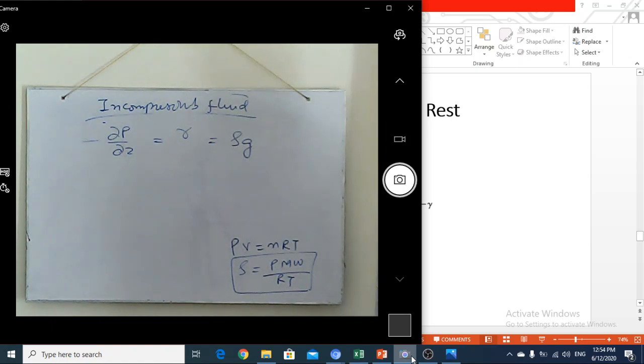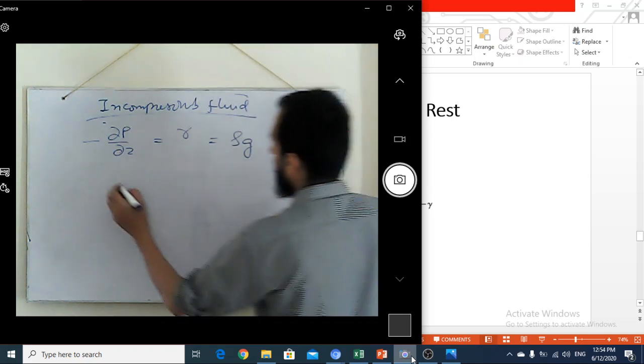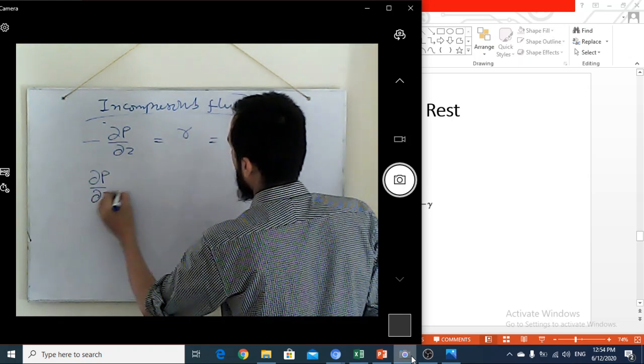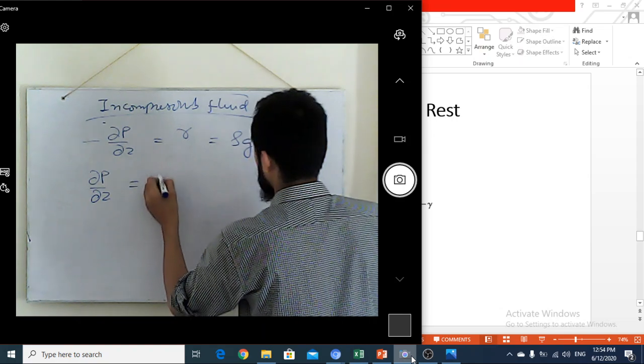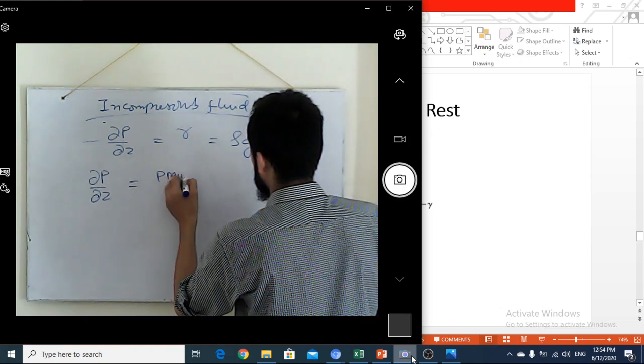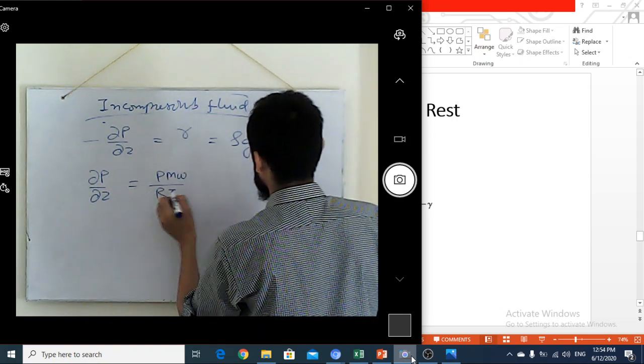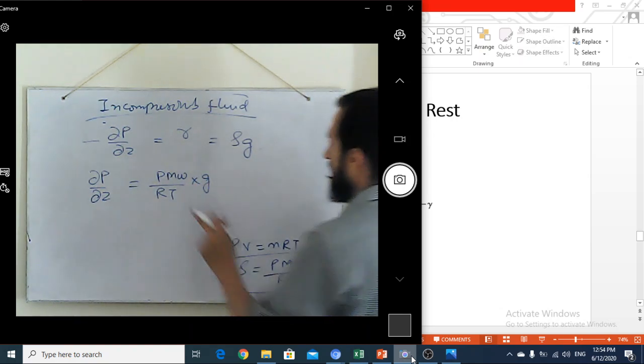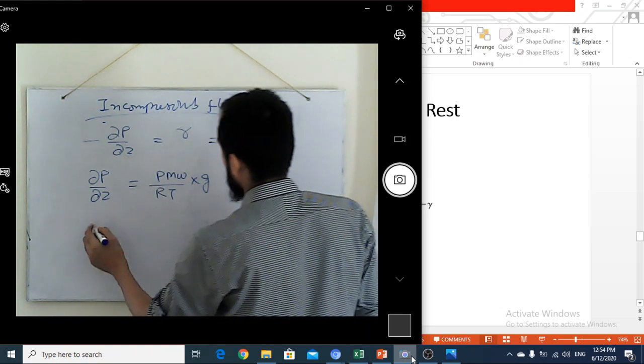This is the equation we will use to resolve the density. So ∂P over ∂z will be equals to minus P molecular weight over RT multiplied by g. This P will move in this direction.